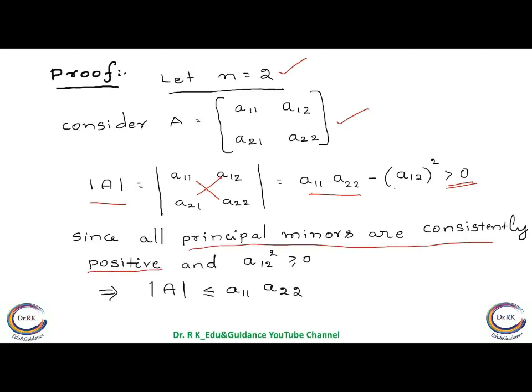That is, a11 and a22 are positive, and a12 a21 is nothing but a12 whole square, which is always greater than or equal to 0. So therefore we can say that det of A is less than or equal to a11 into a22.